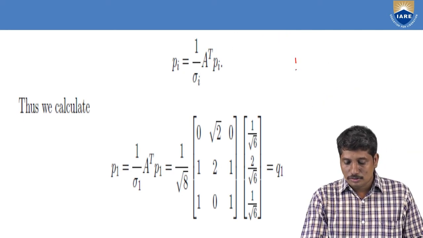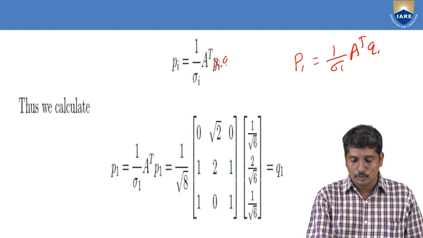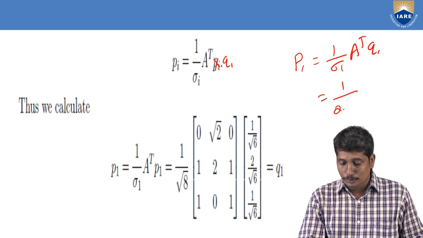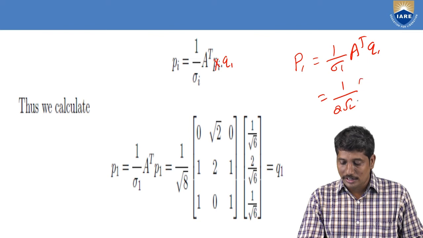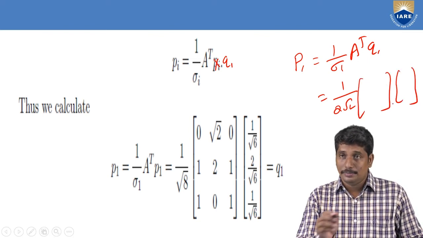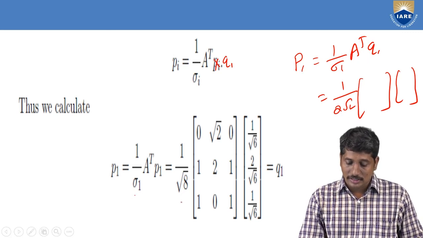Okay, now to calculate P1, our formula is 1 by sigma 1 A transpose Q1. Here there is a misprint, it is Q1. So 1 by sigma 1 means 1 by 2 root 2. A transpose we can write from the given question, and Q1 we have obtained in the previous calculations. So when we multiply this, we'll get P1 like this.